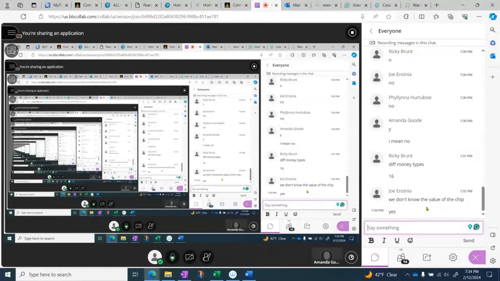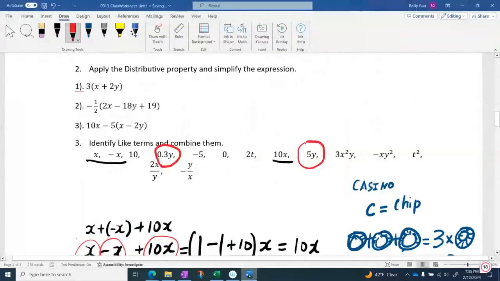It depends on the circumstances or context, depends on the problem. Sometimes the value of the variable is unknown. Here the value of the chip could be $10, could be $20. So it's a variable. It depends. You decide. It's a very good example to demonstrate how terms and like terms work.